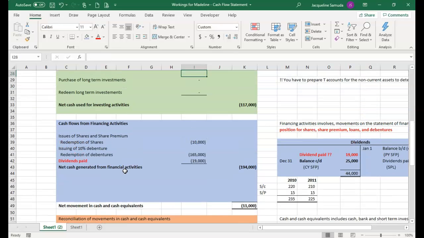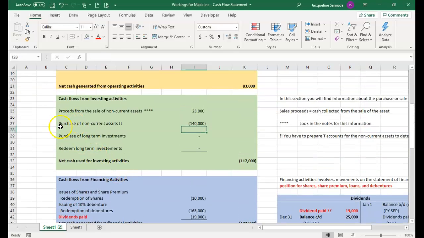So combined, they spent $140,000 on non-current assets. So we're finished with this section now, because remember, there are no long-term investments in this question. So for cash flow from investing activities, they used $117,000.